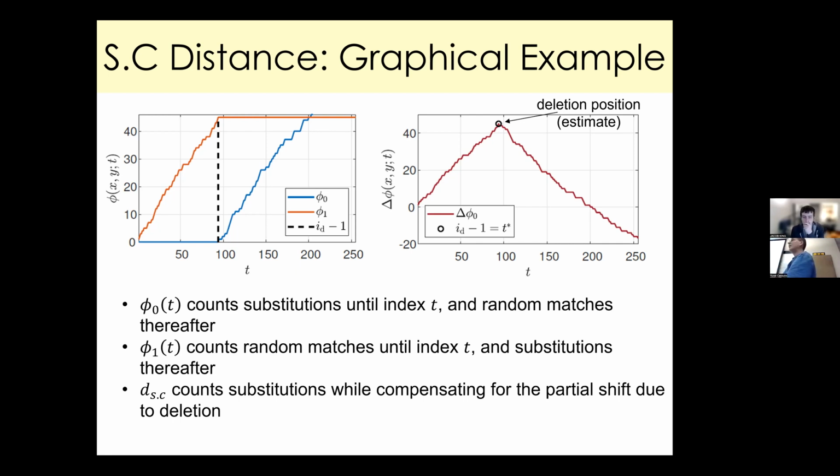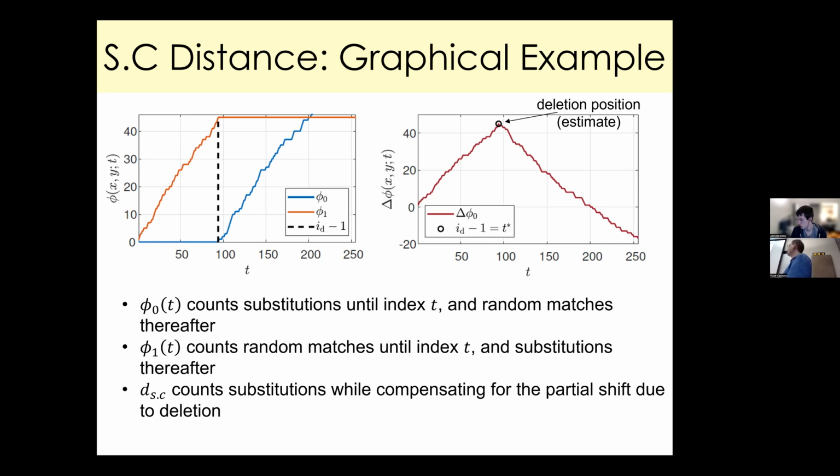Well, the other function with the shift is the opposite. After the deletion position, it's flat, but before it had a slope half increase. And what we do, we find this maximal gap between those two sequences. You can see here in the delta function, that's this point, and that's what we declare as the estimate of the deletion position.